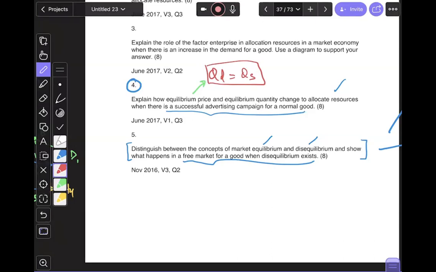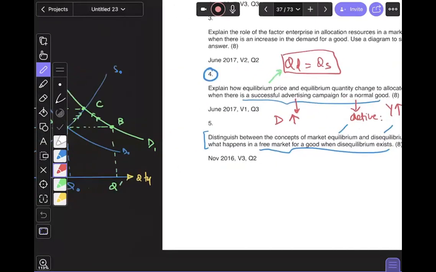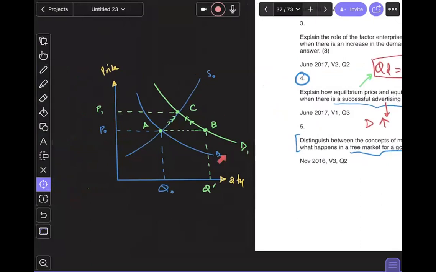Then you talk about normal good. You can define a normal good as one where, when your income goes up, demand goes up. And when there is a successful advertising campaign, the demand curve will shift to the right. So demand will increase. And then the last paragraph of yours should talk about how the demand will increase, how P naught is no longer the equilibrium price.